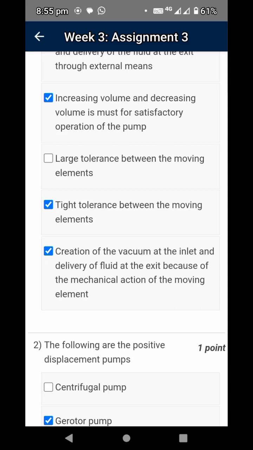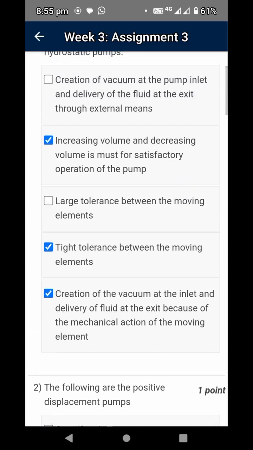The moving element is stated as it is, the external gear pump. Due to that moving element, the oil is delivered at the delivery side. Clear. So option 5 is correct.